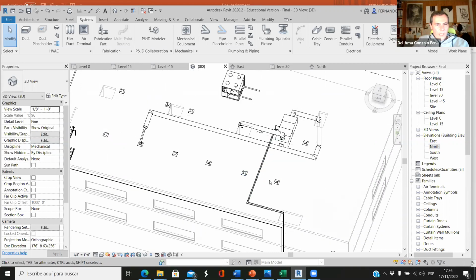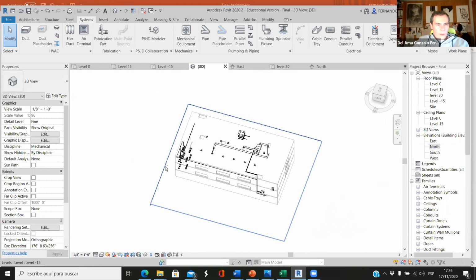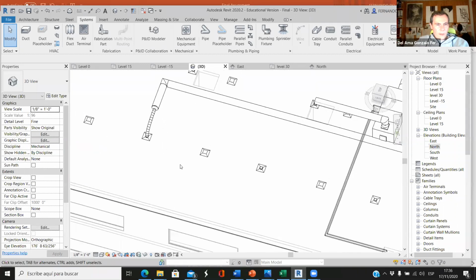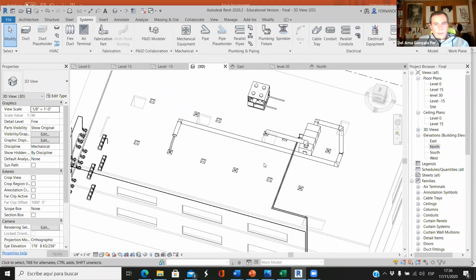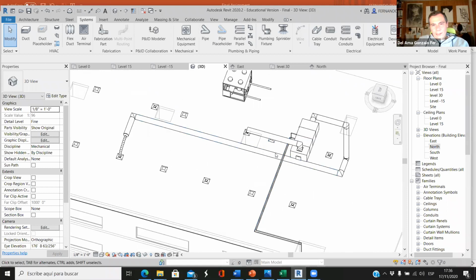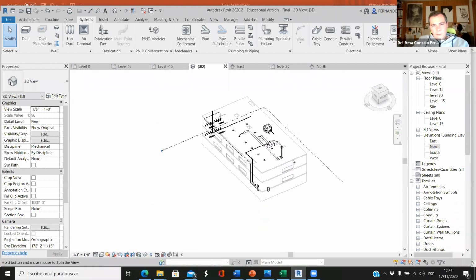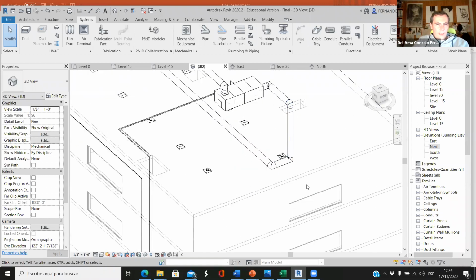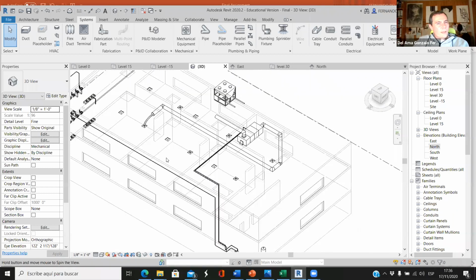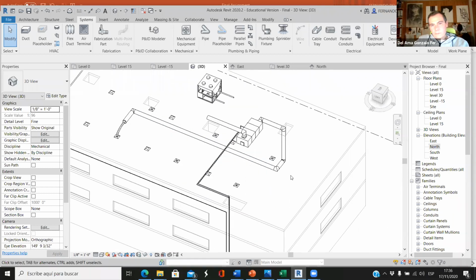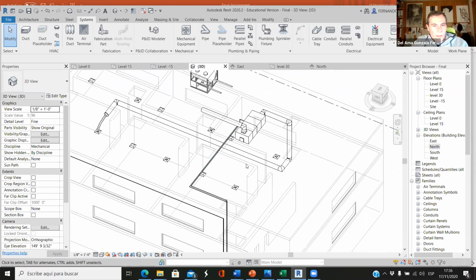We need supply and return diffusers in every classroom and office. But now we have to connect. Yeah, so I think this is easy, but the return, I think it's going to be more difficult. But well, try.